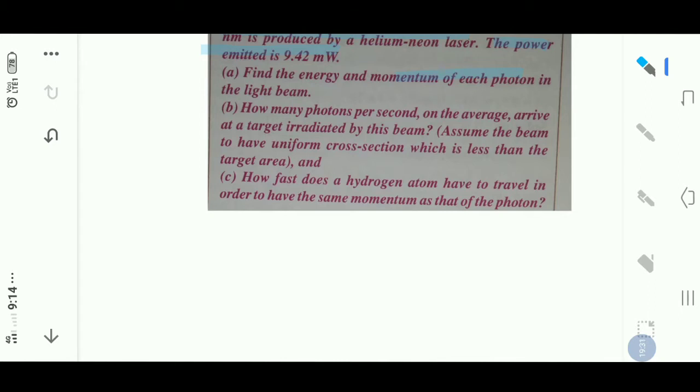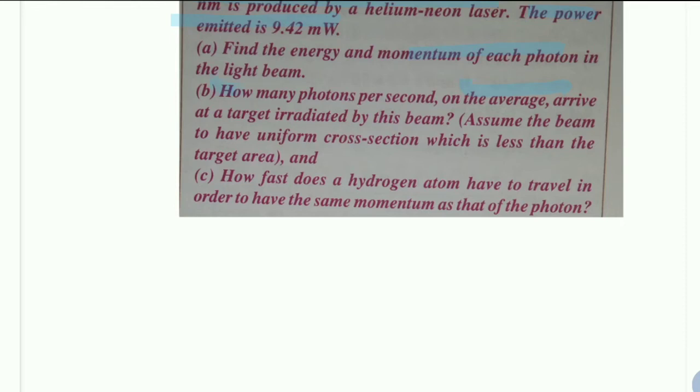Second, how many photons per second on the average arrive at a target irradiated by this beam? Assume the beam to have a uniform cross section which is less than the target area. And third, how fast does a hydrogen atom have to travel in order to have the same momentum as that of the photon?